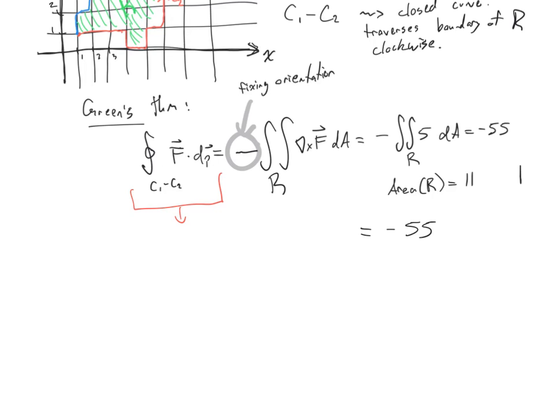And what I'm going to expand it into is an integral over C1 then C2 backwards. So that's the same as doing the flow over C1 of f dot dp minus the flow over C2 of f dot dp. Right?